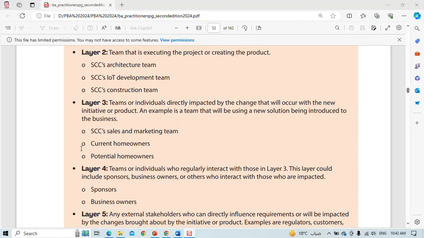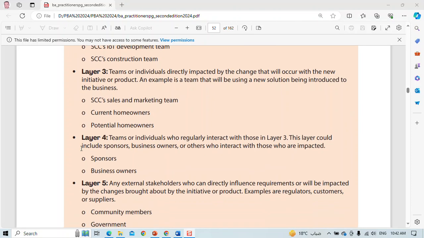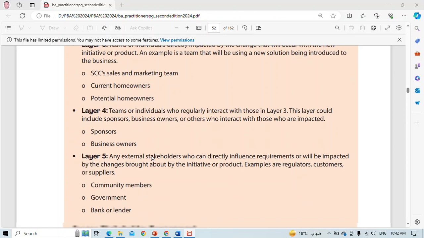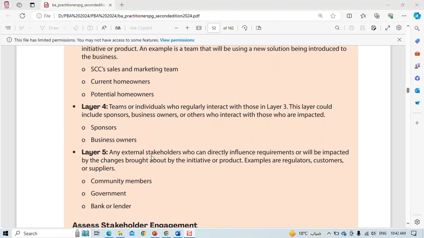Layer number 4 is the teams or individuals who regularly interact with those in layer 3. For example, Spencer, the business owner. Layer number 5 are external stakeholders who can directly influence, not impact, influence requirements or will be impacted by the changes through the initiatives or product.